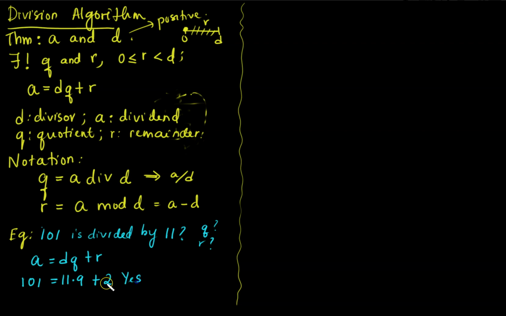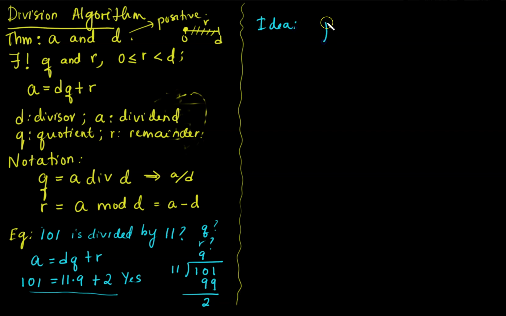Yes, right? So how did I get this? Basically, this is what we did: 101 divided by 11. How many times does this go in there? 9. So you get 99 and your remainder is 2. That is the idea right here.